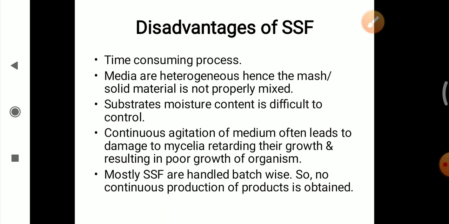We have seen what kind of raw material we can use, mostly natural raw material. In the selection of microorganisms, we have seen that mostly we use fungi and actinomycetes, and the reason why. For aeration, no aeration is required as such, but in some conditions if it is required, we have seen the example of the drum fermenter.